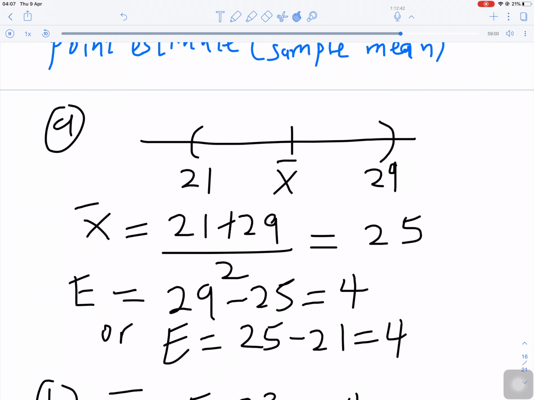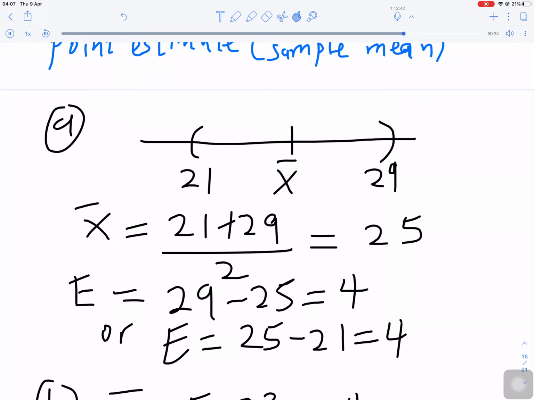Margin of error is actually the distance from the mean to any of the bounds. So either from the mean to the upper bound or the mean to the lower bound. Let's consider from the mean to the upper bound. That will be 29 minus 25, which gives us 4. Alternatively, 25 minus 21 gives us 4. So the margin of error for A is 4.